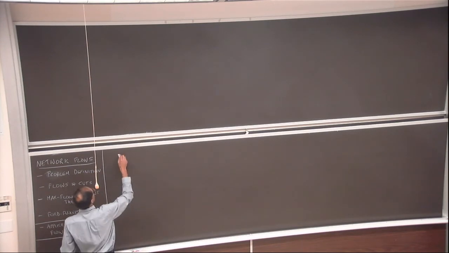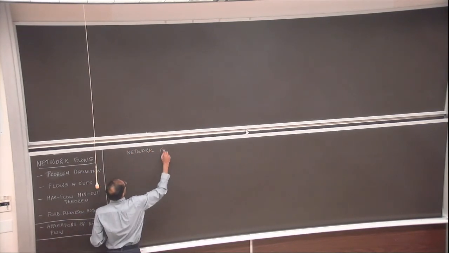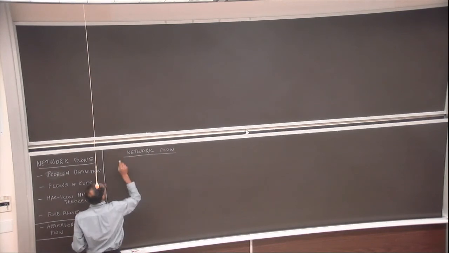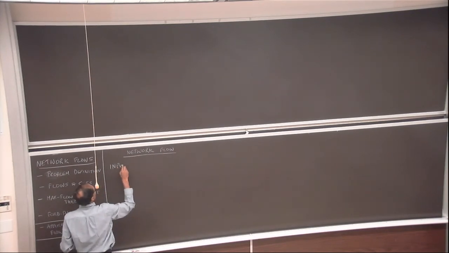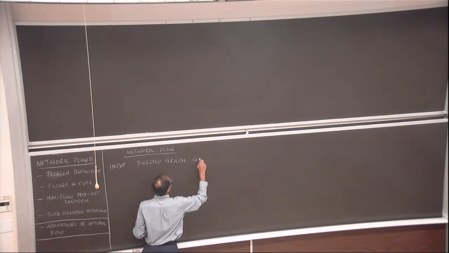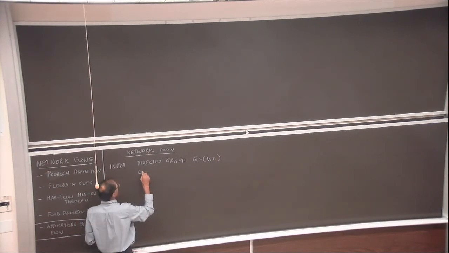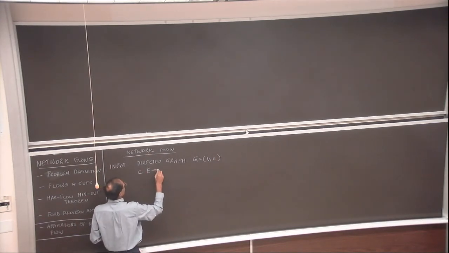So here is the situation. The problem itself: the input is a directed graph with capacities on edges.